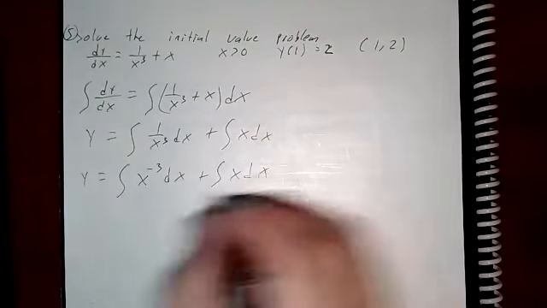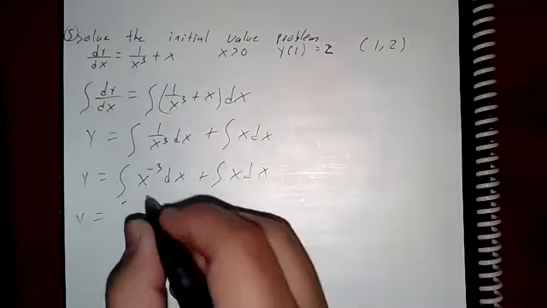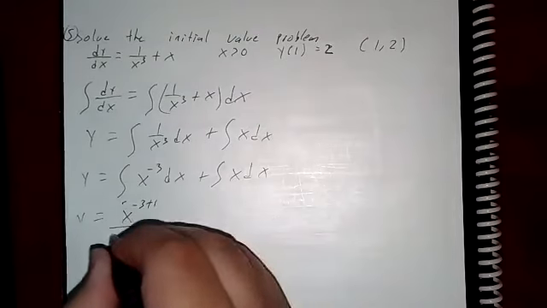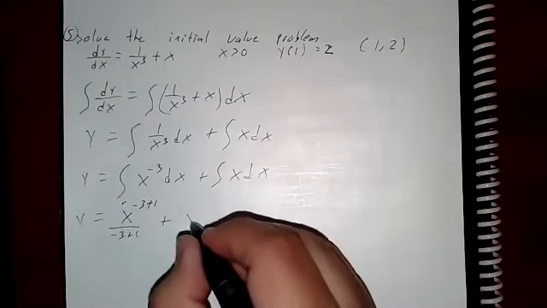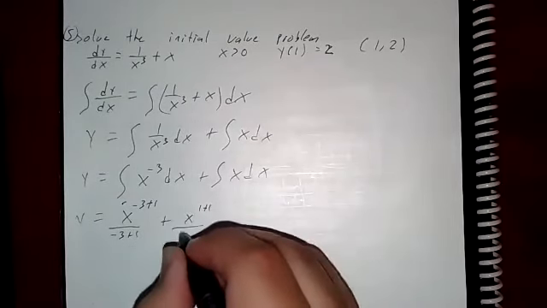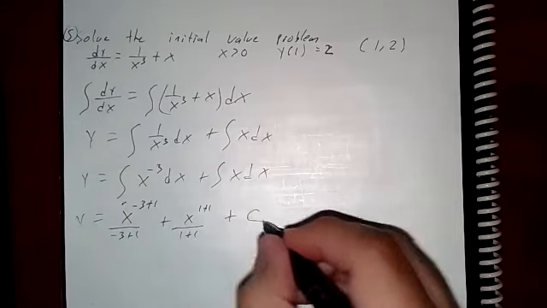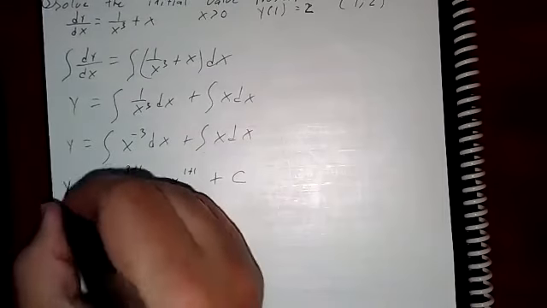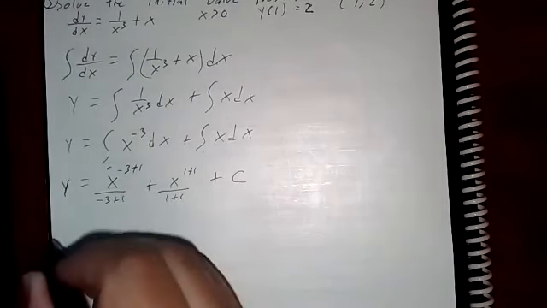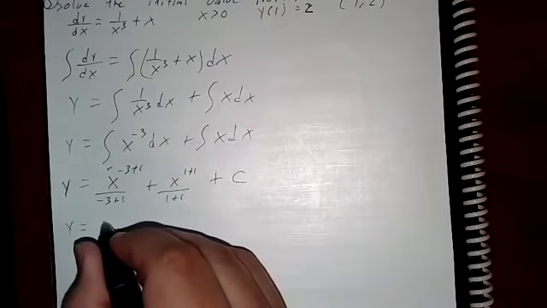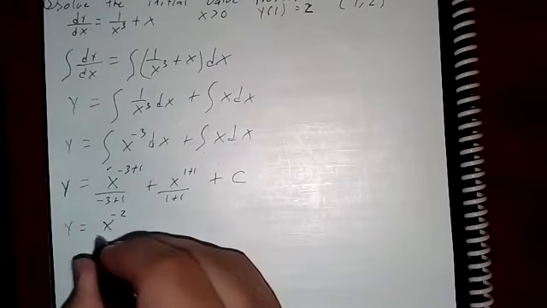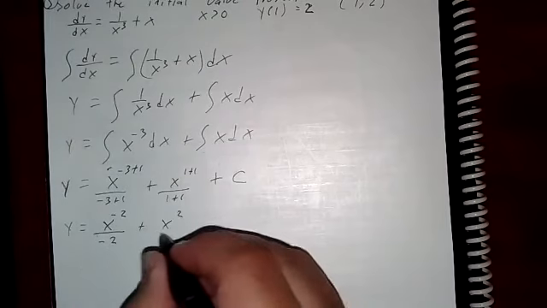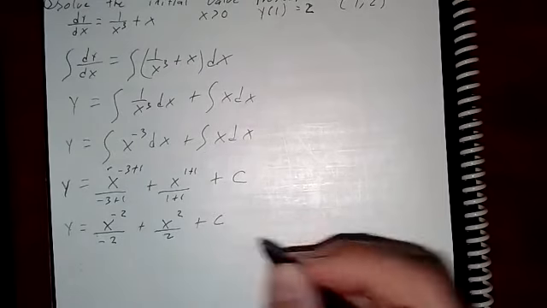Then we're ready to start integrating. This will be x to the -3 plus 1 over -3 plus 1, plus x to the first plus 1 over 1 plus 1, plus c. We need to solve for that c in just a moment. So y becomes x to the -2 over -2 plus x squared over 2 plus c.